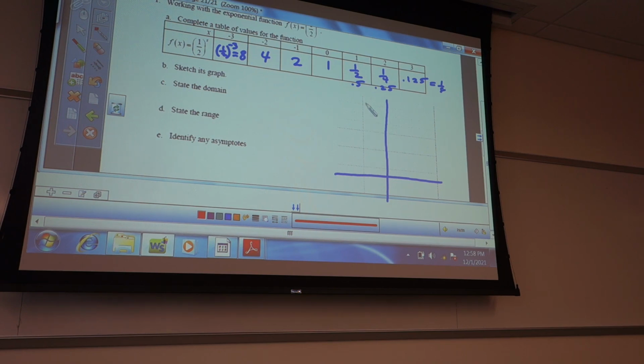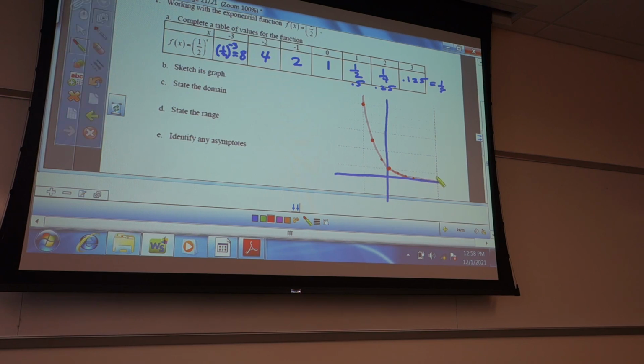When x is negative 2, it's at 4. When x is negative 1, it's at 2. When x is 0, it's at 1. Then 1/2, 1/4, 1/8. So it looks to me like it's going like that. Is that what everyone else is getting?